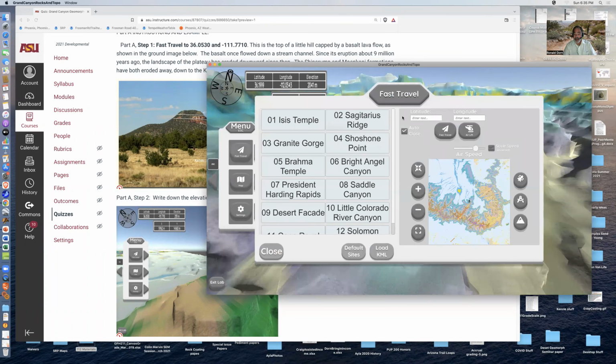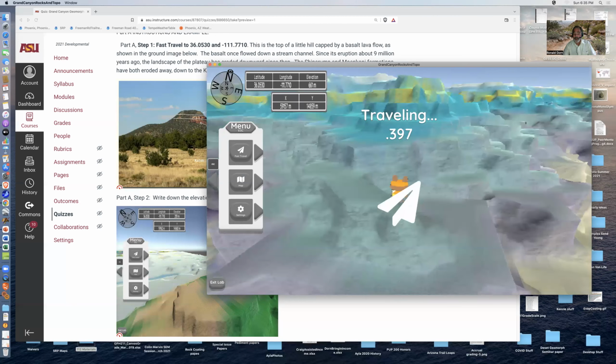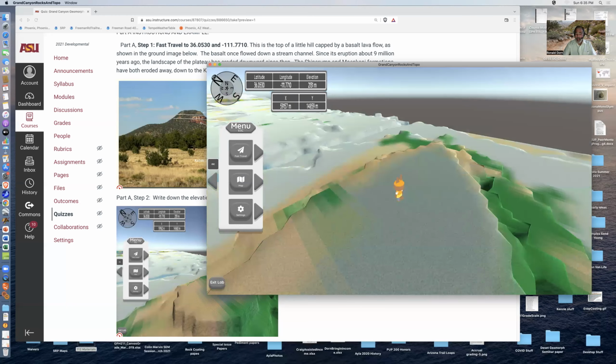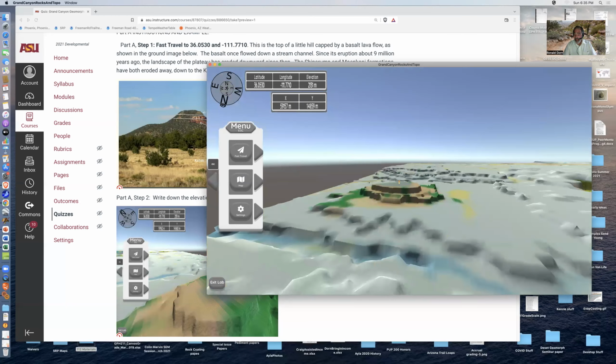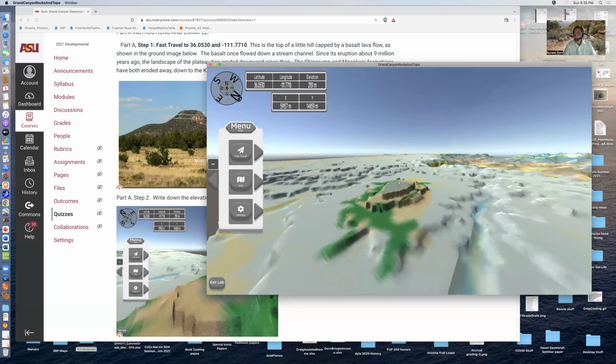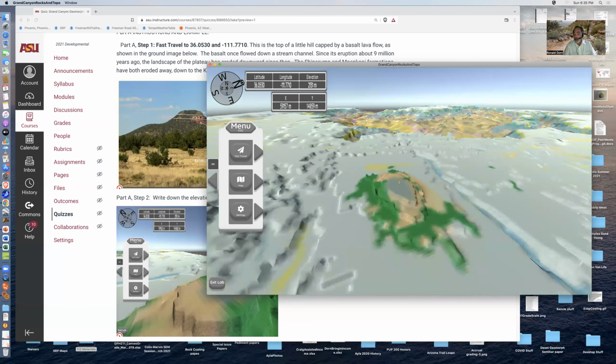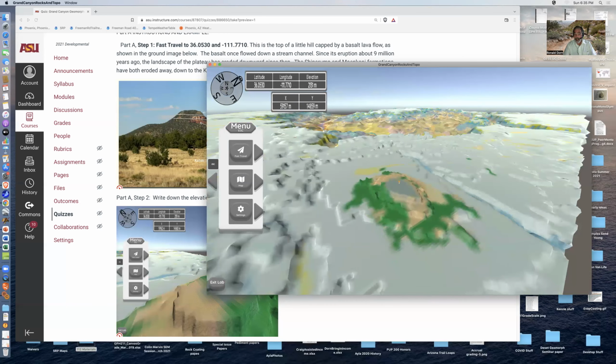The instructions are 36.0530 and minus 111.7710. And I'm at a little hill on the plateau near the Grand Canyon.